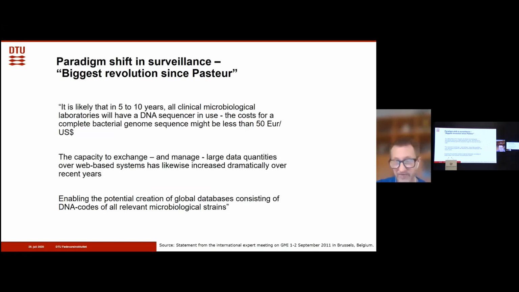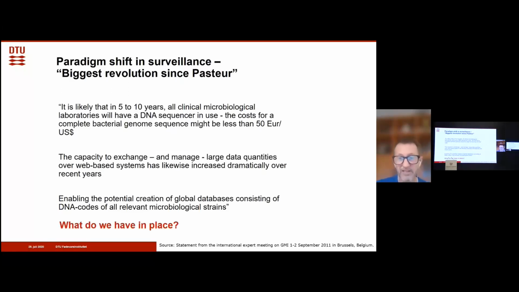And that in these 5 to 10 years from 2011, we would be able to exchange large data sets over web-based systems, and that we would be able to create large genomic databases that would consist of genomes of different relevant bacterial strains. So this was said already in 2011.